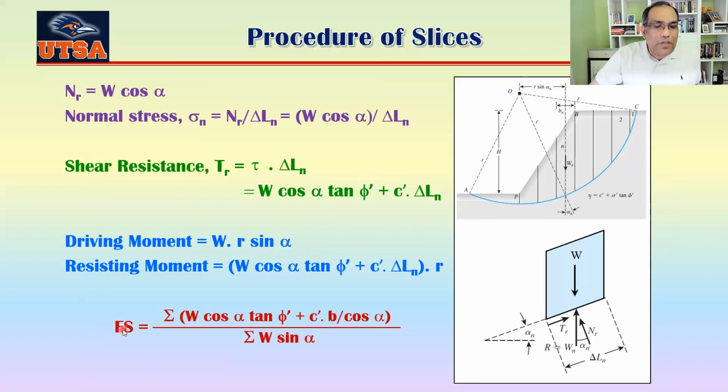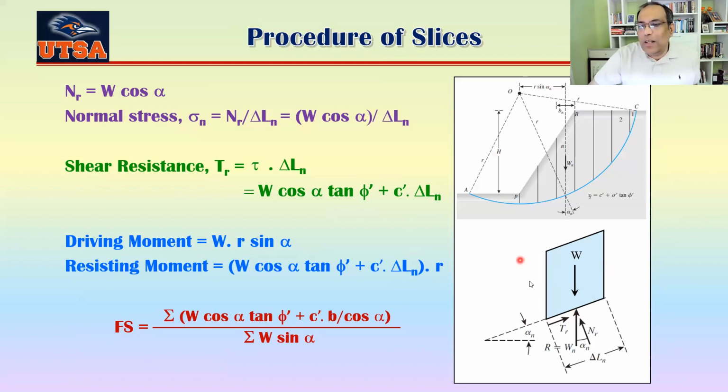So your factor of safety is basically W cosine alpha tan phi prime plus C prime B divided by cosine alpha. That's basically your delta Ln, okay? B is the width of this slice here. You can just measure it, because you make your own slice.